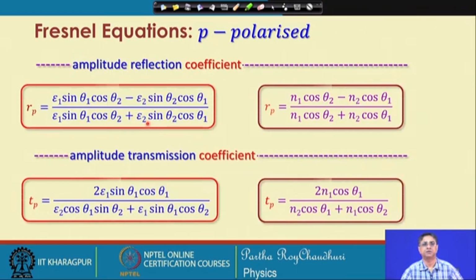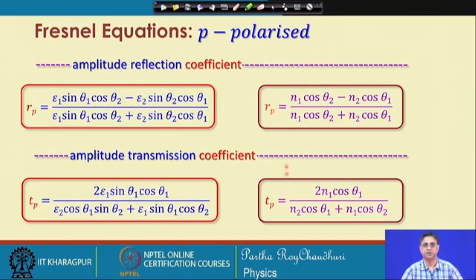Therefore, to summarize, we have the amplitude reflection coefficient in the form of this, in terms of only the refractive indices and the angles of incidence and refraction. We can write this equation, and for this we can write the transmission amplitude in terms of this equation.